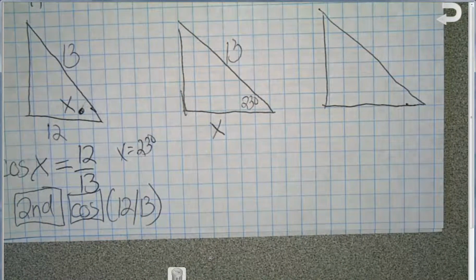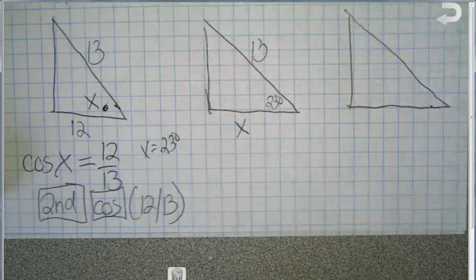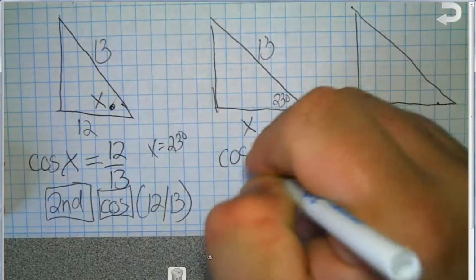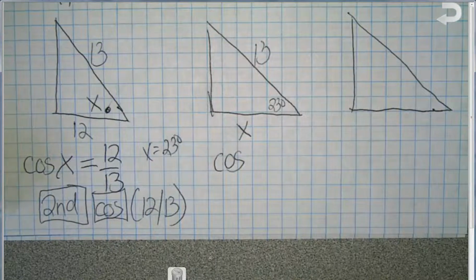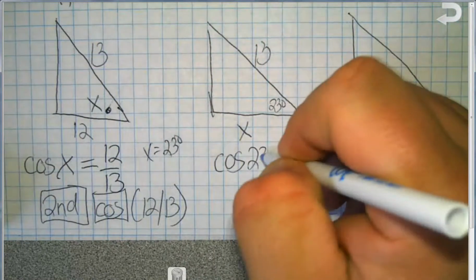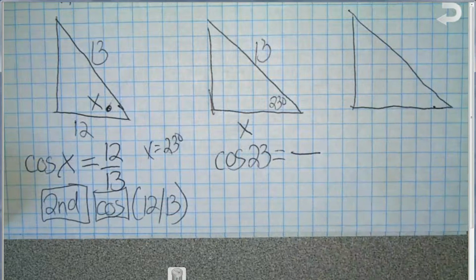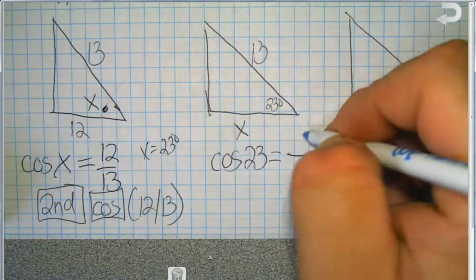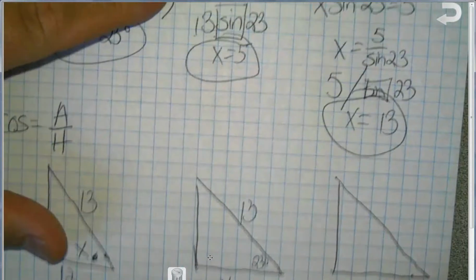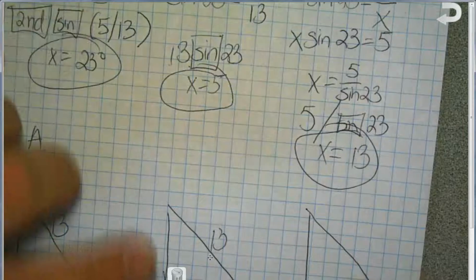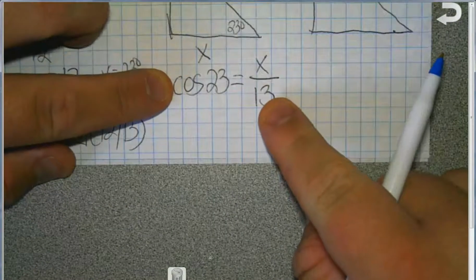Can I volunteer to help me set up the proportion? I'll start you out. Cosine, and then go from there. Okay, so cosine 23. And now what's the fraction? X over 13. Okay. And so when the x is on the top, what do we do with these two pieces of information?